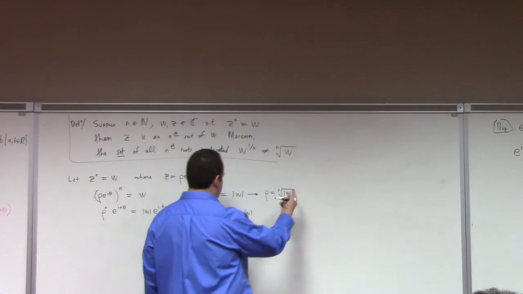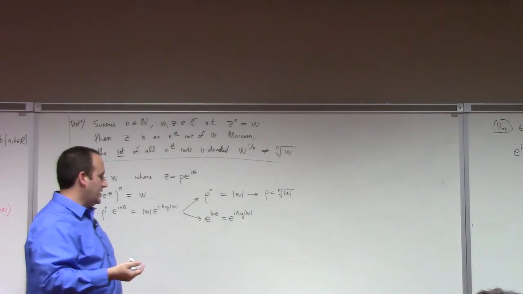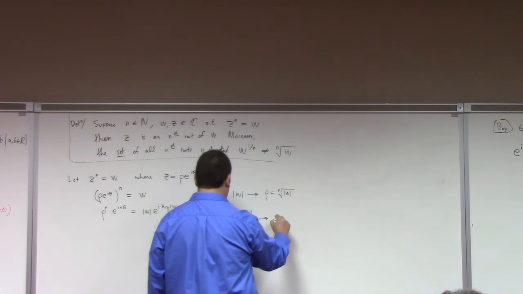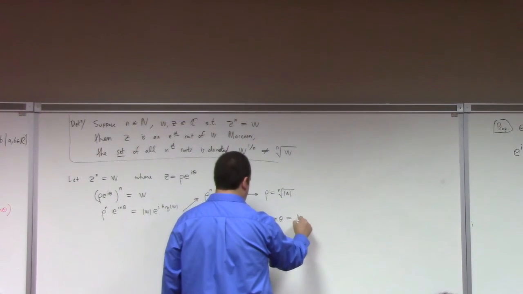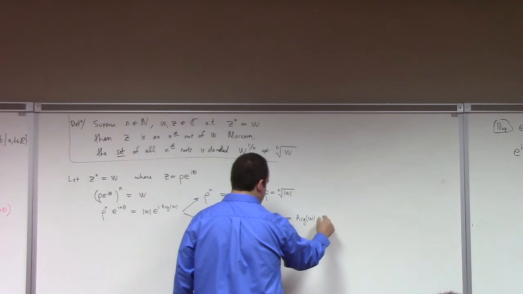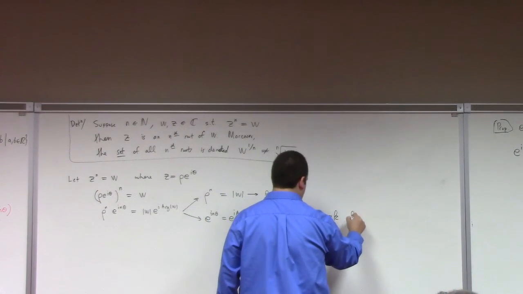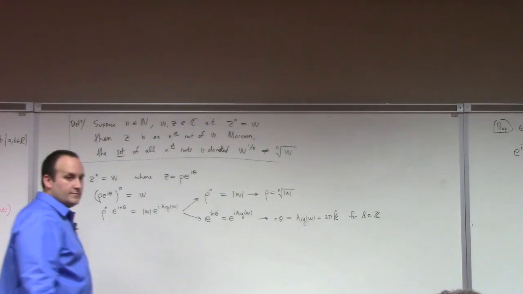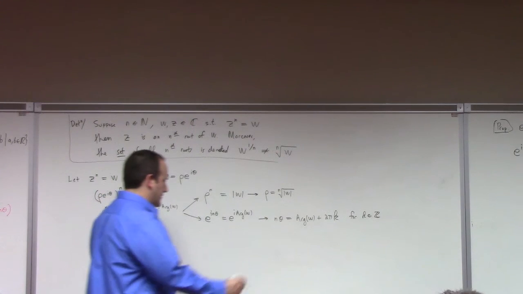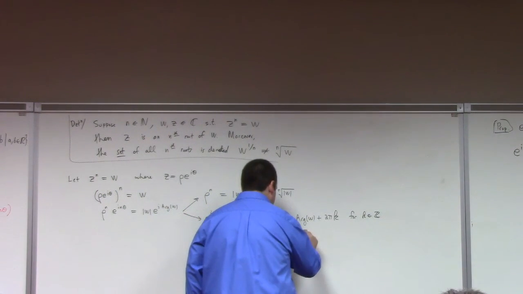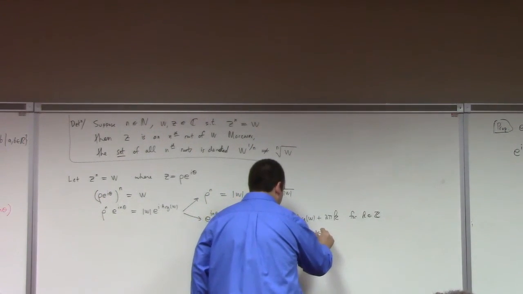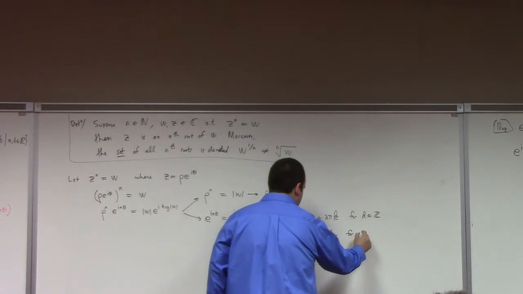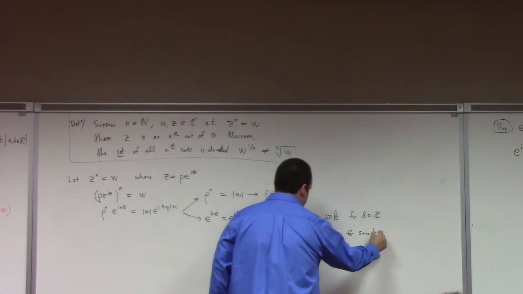You take the nth root of the modulus to get rho. And on the other hand, over here, what do we have? We've got n theta is equal to arg w plus 2 pi k for some k in the integers, right? Or more to the point, theta is equal to arg of w plus 2 pi k, all divided by n, for some integer k.